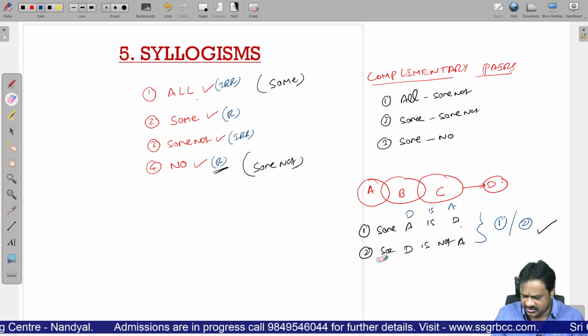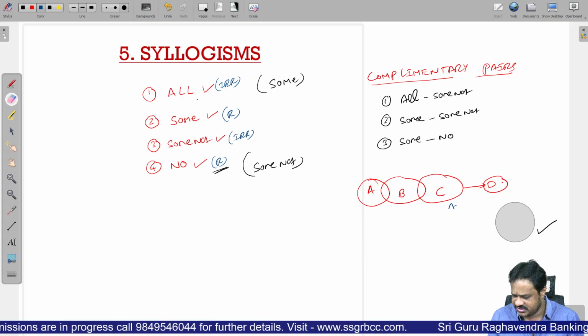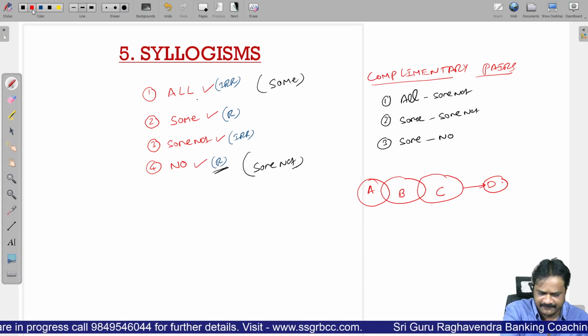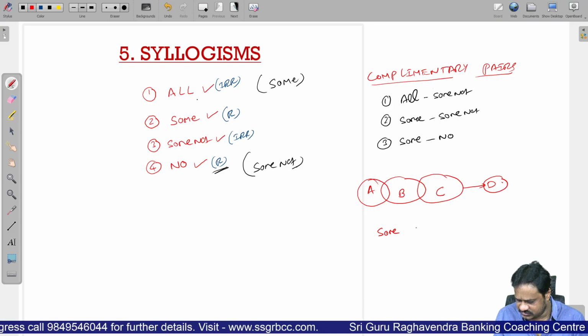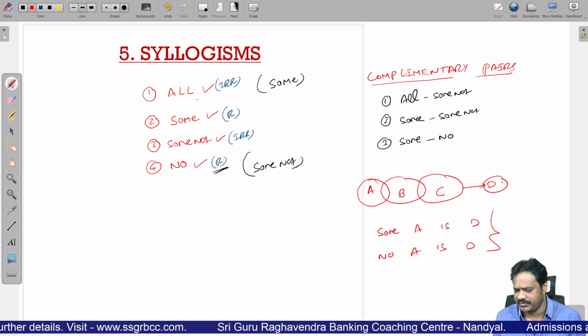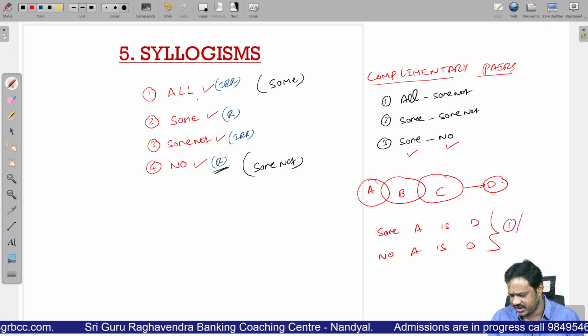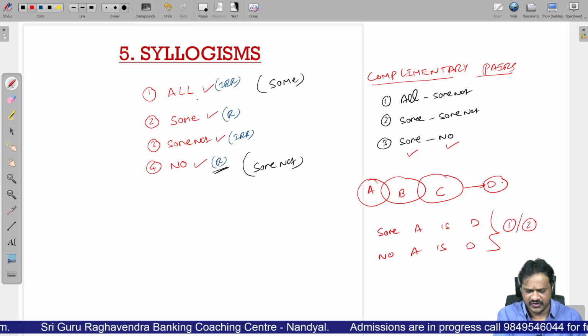Now, there is one more complementary pair. Which one is that? Some and no. Now here, some A is D, no A is D. This is also a complementary pair. There is no relation between A and D, but one some statement is given, one no statement is given. Again, our answer is either 1 or 2.